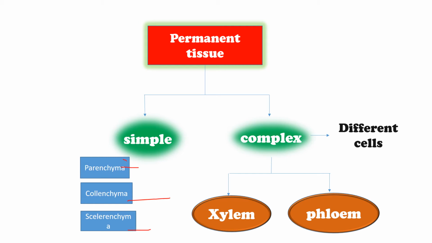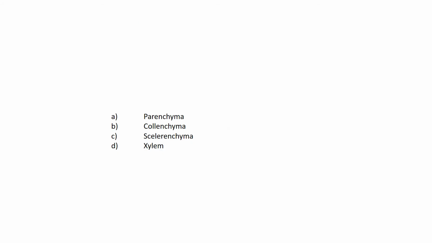So what is the option we have in our question? Parenchyma. So the correct answer of our question is parenchyma. Okay, moving on to the next question. Question number 17, dear students. Which of the following tissues helps in bending of leaves and stem? What do you mean by bending, dear students?